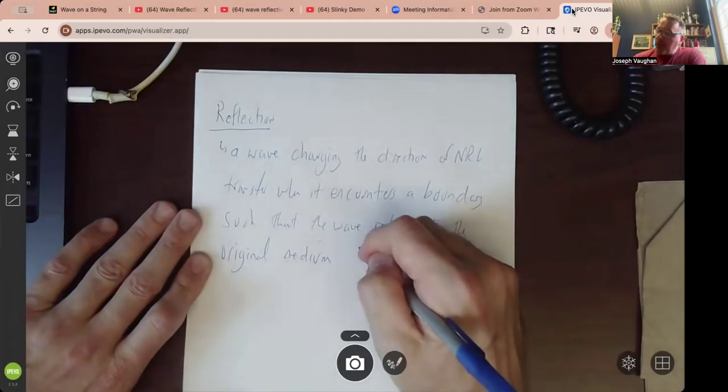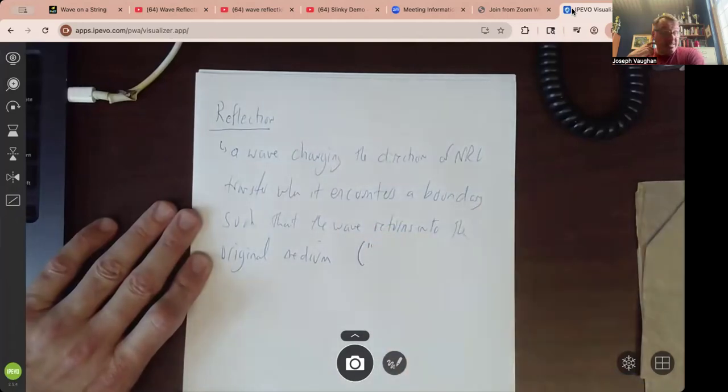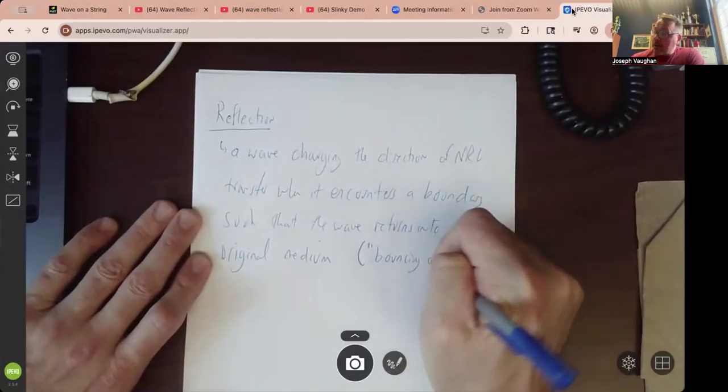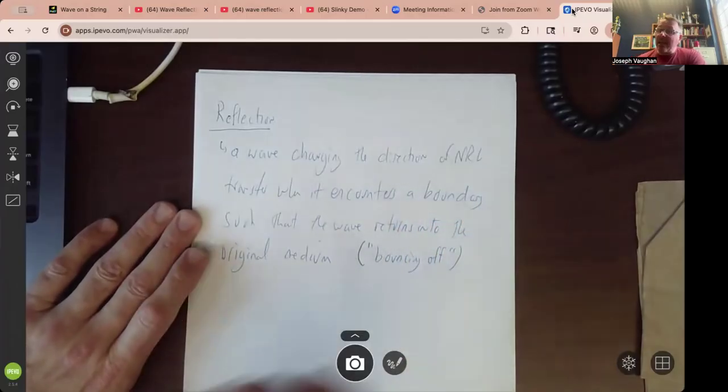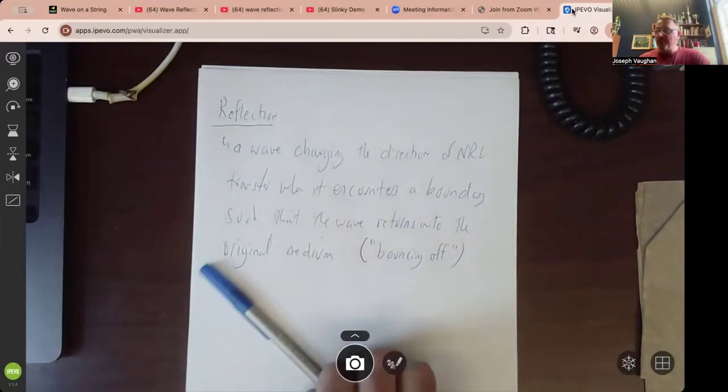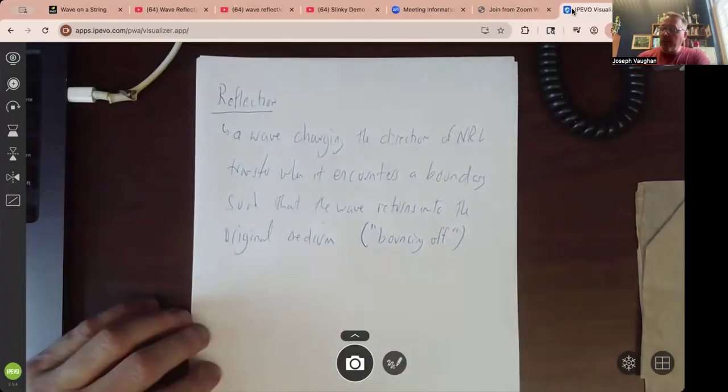Okay, I'm going to put in quotes on the side "bouncing off." That's a way you want to think about it. Once again, be careful, because that conceptualization does lead people to think that waves are things that have mass that can hit and interact and collide, which we don't want to do. So that's why we're going to use all those words.